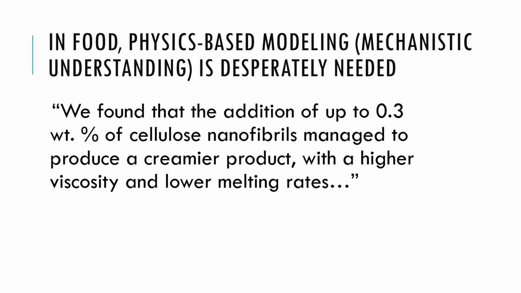But this is very typical of many studies in food. And without mechanistic understanding, we have to keep repeating such experiments. So we have to do many, many more experiments than if we had the mechanistic understanding.